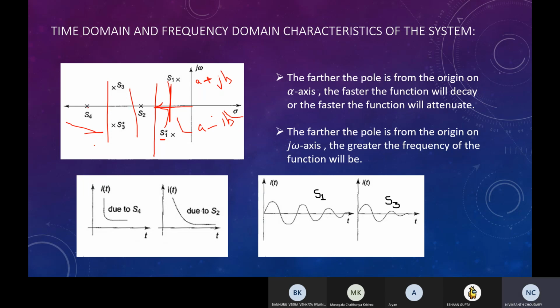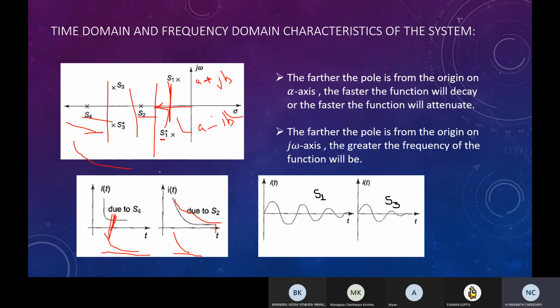One function can decay like this, and the other decays like this, so one reaches zero first and the other reaches zero after a long time. S4 is farther away from the origin than S2, so S4 decays faster. That means S4 reaches the constant steady state, zero, faster than S2.